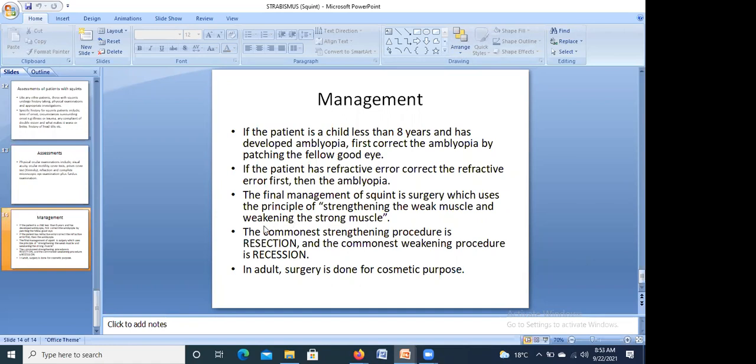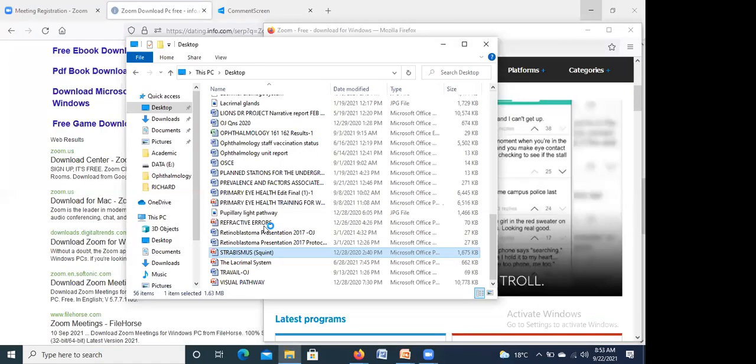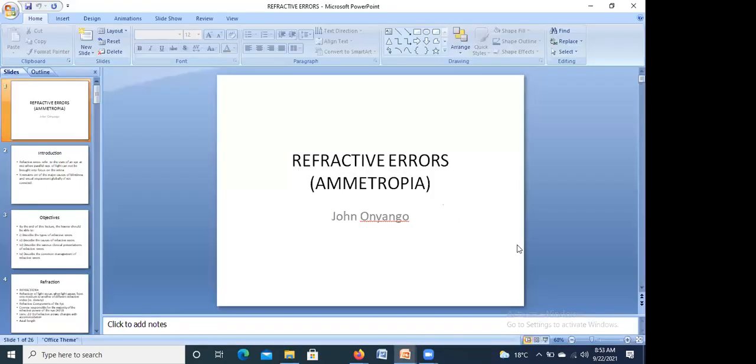Refractive errors. Okay, so if we are all on, our next discussion is on refractive errors, which is also called hypermetropia.